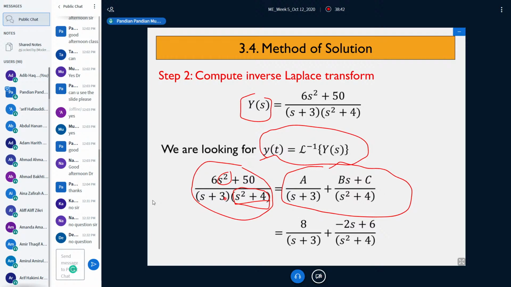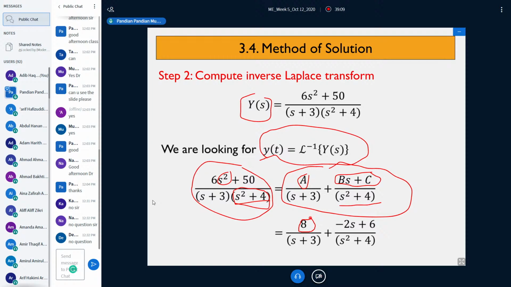A over s plus 3 plus (Bs plus C) over s squared plus 4. In slide 3.2, slide 14, we use A, B, C. So here we use Bs plus C over s squared plus 4. So this one is Bs plus C. Now, your A is 8.